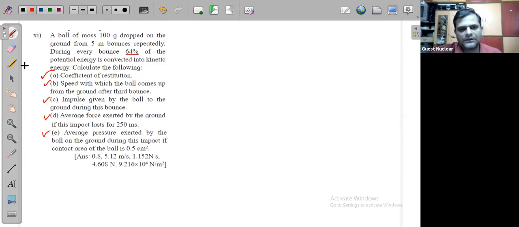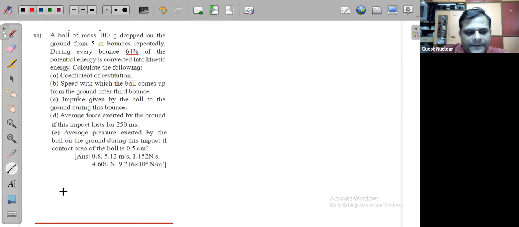So first of all, we have to remember what we have derived for this situation. For this situation we have already derived some formulas, you all must remember. See, suppose this is the ground and suppose the ball is released from a height h above the earth's surface, and suppose it drops and just hits the ground and returns back.